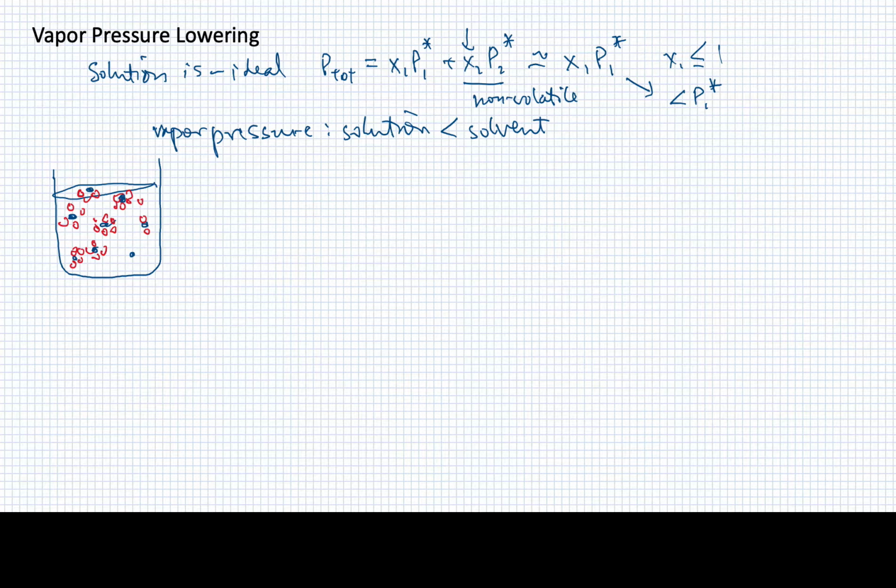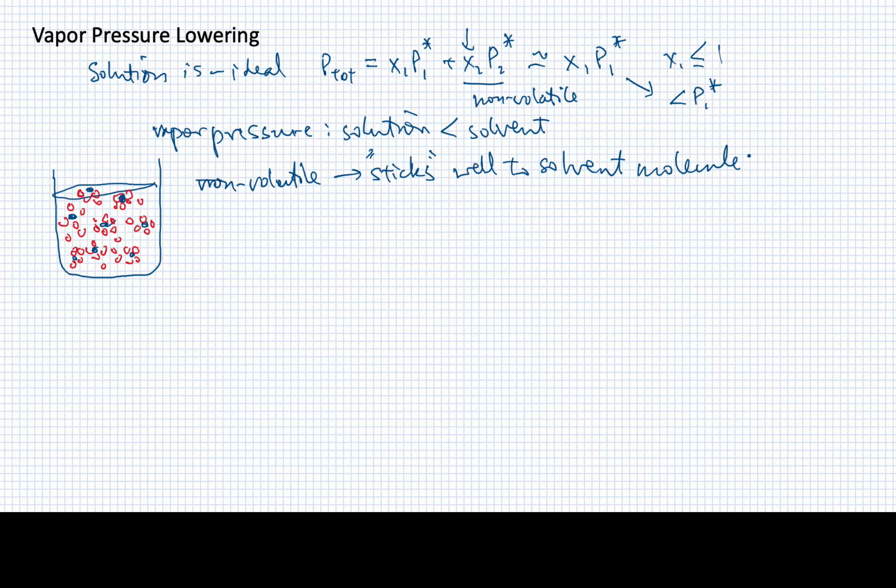You'll notice I'm purposely drawing little solvation shells around each of the solute particles, because in essence that's what happens in these solutions. Yes, we do have a lot of free solvent out there forming little clusters of solvent molecules, but we also have cases where these solvation shells are occurring that occupy solvent molecules. In particular, when we have a non-volatile solute, one of the reasons that it's non-volatile is that it sticks well, it's a technical term, sticks well to solvent molecules.